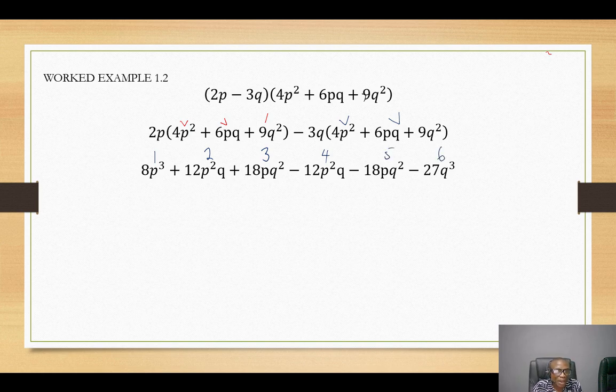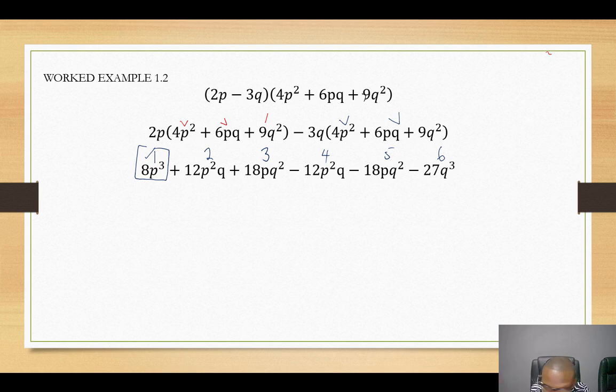And guys, you have to add like terms. Not only add, you can also subtract like terms. You just have to check on your expression whether you have to add or subtract. So 8p cube, let's check the first term. It doesn't have a corresponding like term here. I don't see p being raised to the power of 3. This is the only term where we have p to the exponent 3.